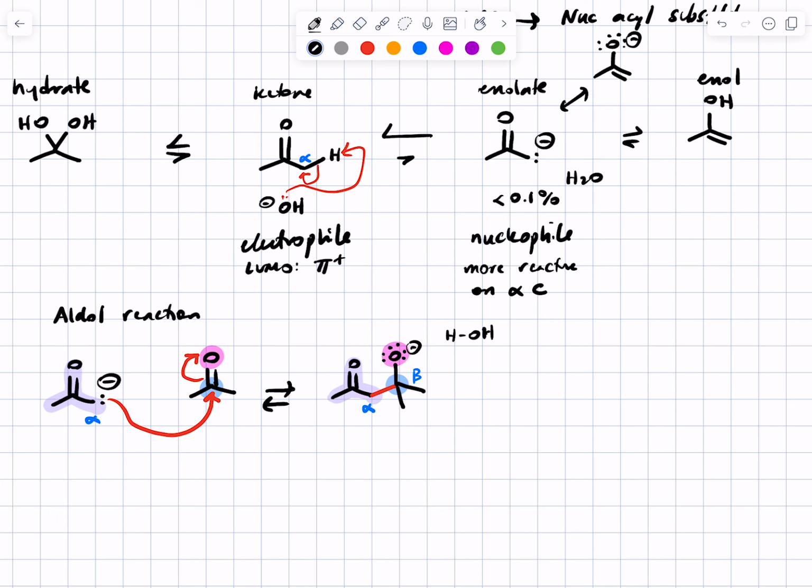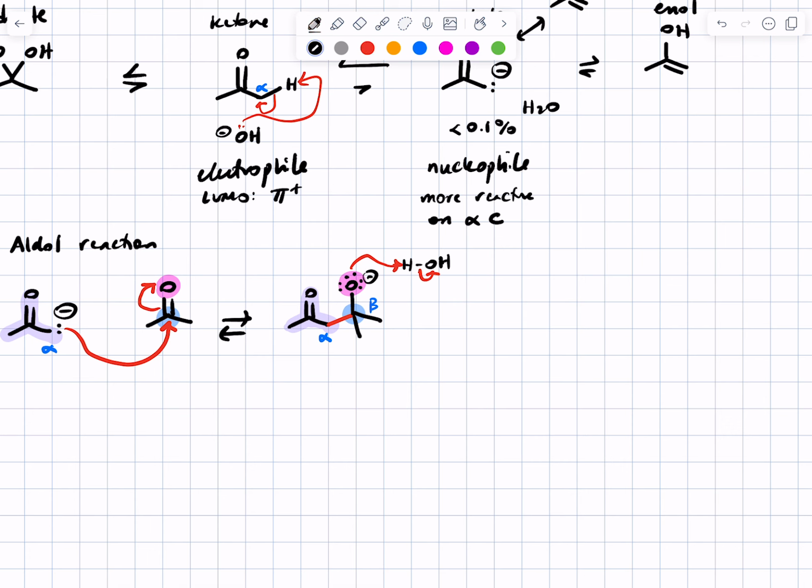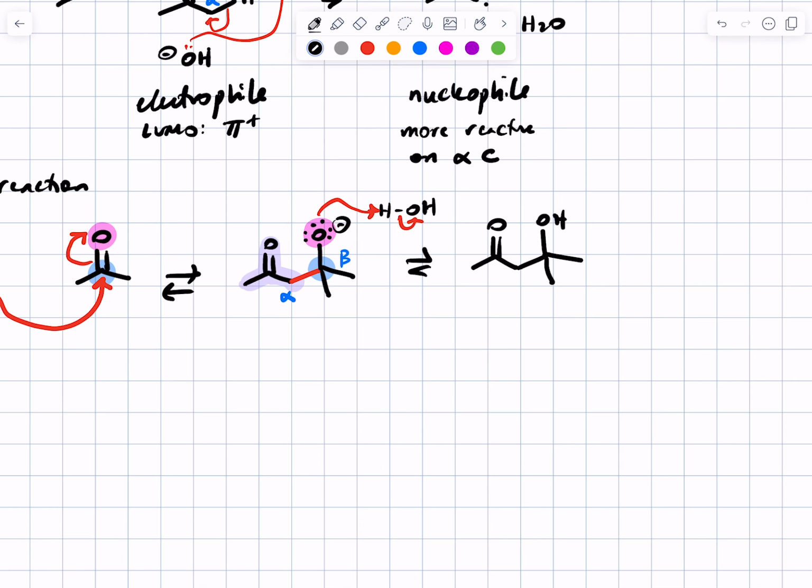So we can react with the conjugate acid of our base, generate this intermediate, and this is one of the possible products of the aldol reaction.